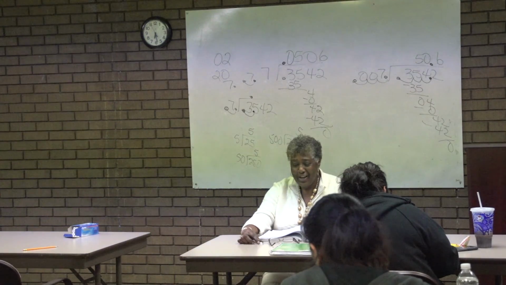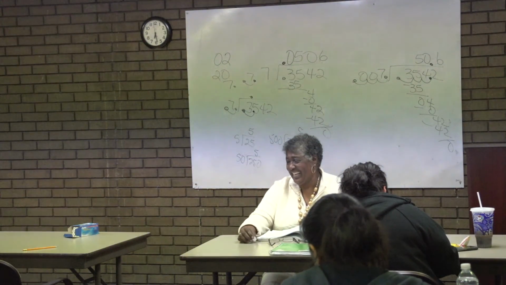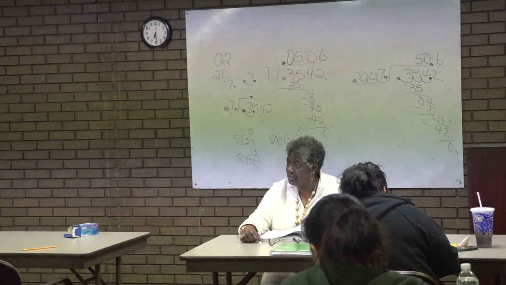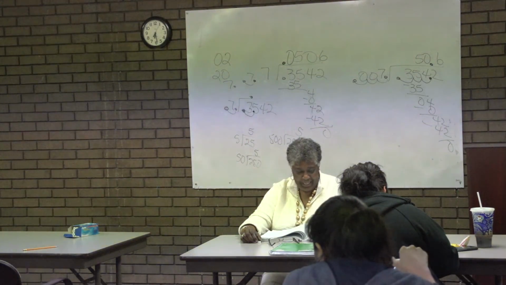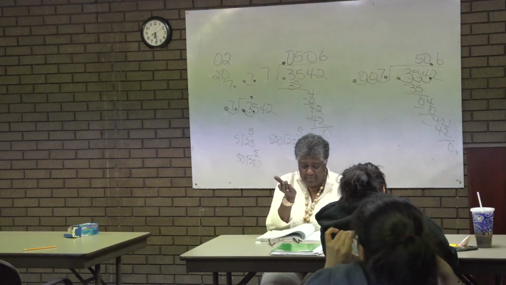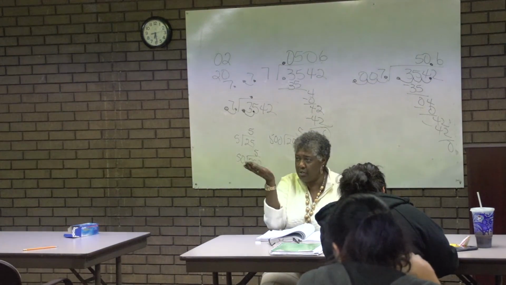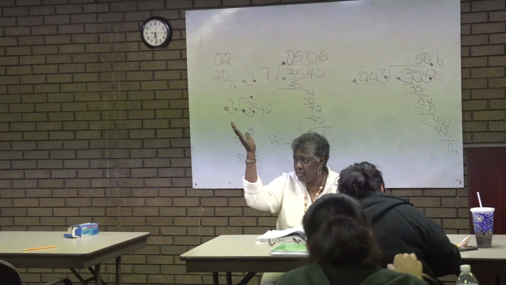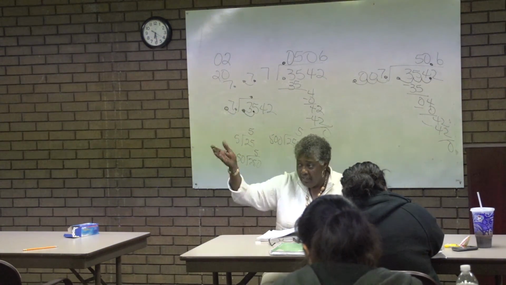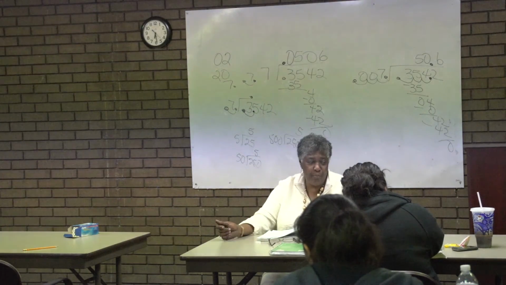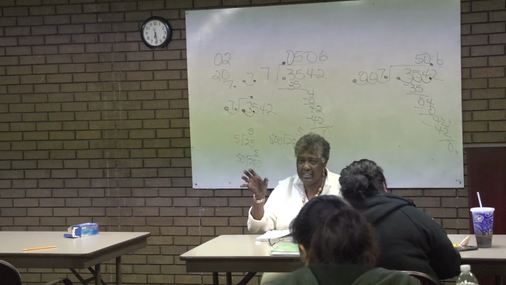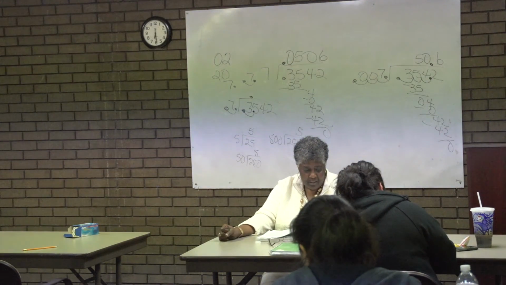Sometimes they'll write the slash in fractions, sometimes they'll write it diagonally, and it says the same thing. And the next one says 8.74 divided by 2.3. The number that's being divided goes inside the box.